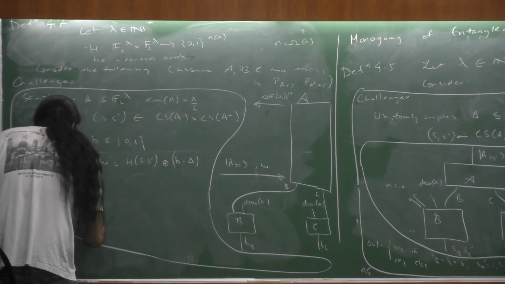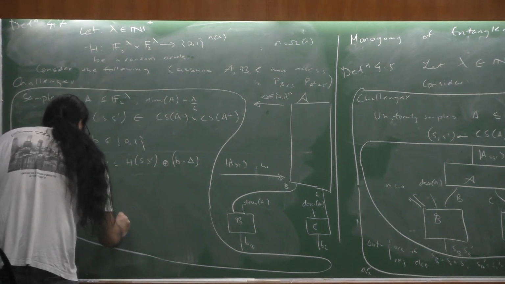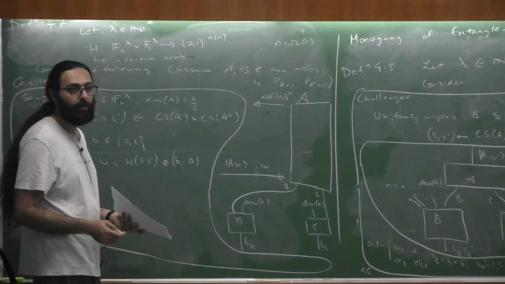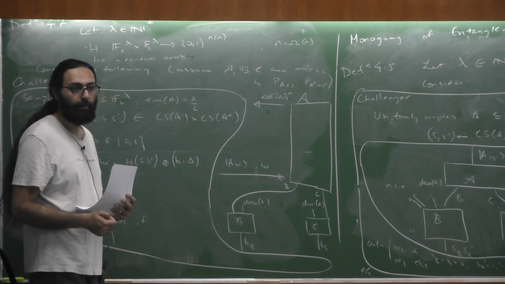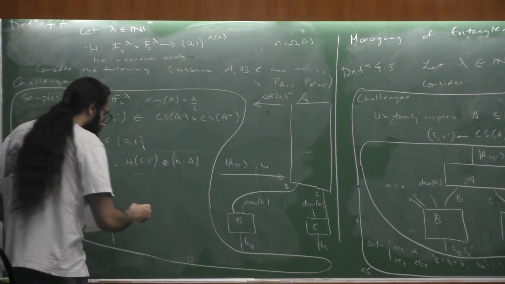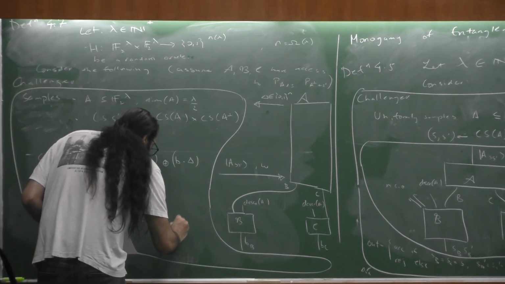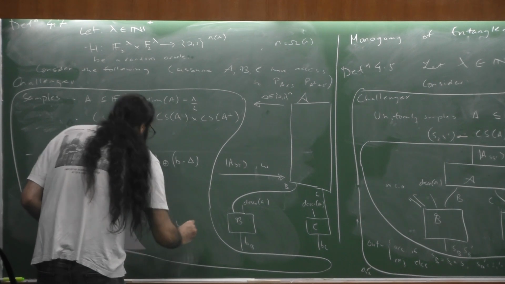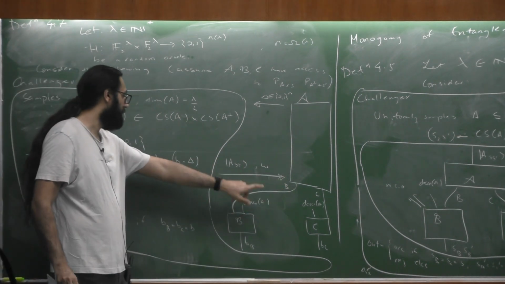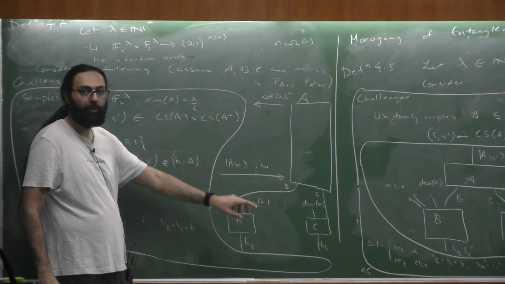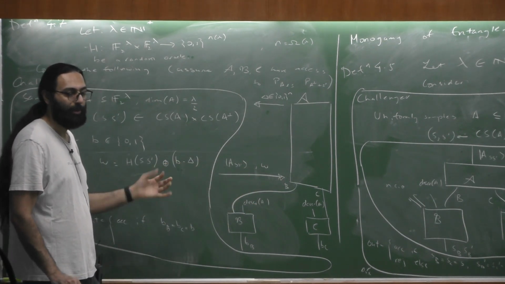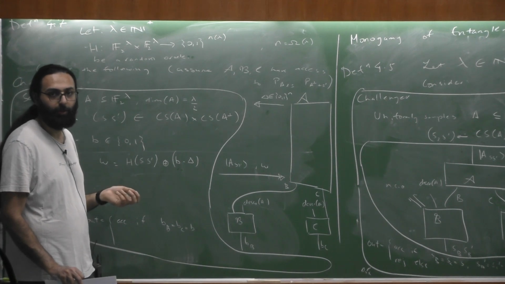And the criteria for winning is, what should be the criteria for winning? Output equal to B. Exactly. So b_B should be the same as b_C, and should be equal to B, because basically they're trying to see if this adversary can distinguish between a random W and a W in which you actually XOR the message. Because if they can't, then they don't know what message was sent.